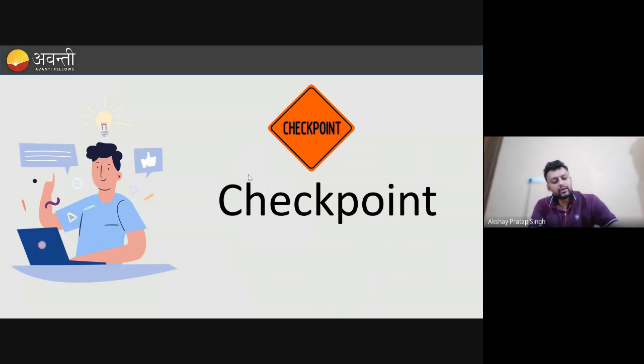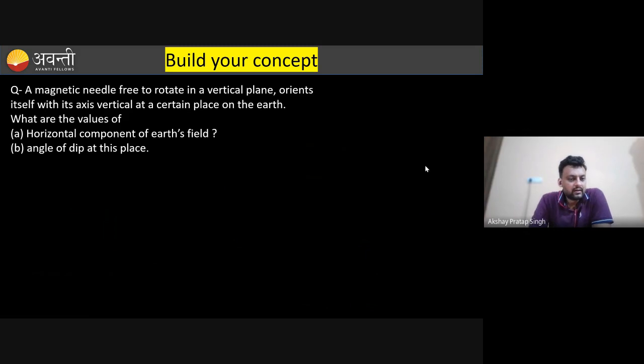So now this is a checkpoint where you should answer a few questions. The first question is on your screen. This is a kind of subjective type question, a very simple concept building question. A magnetic needle free to rotate in a vertical plane orients itself with its axis vertical at a certain place.